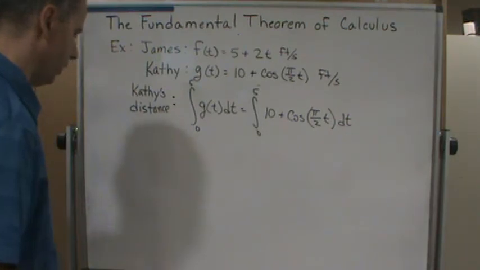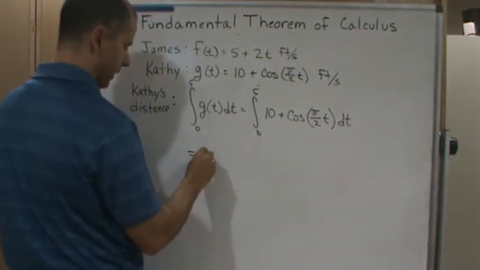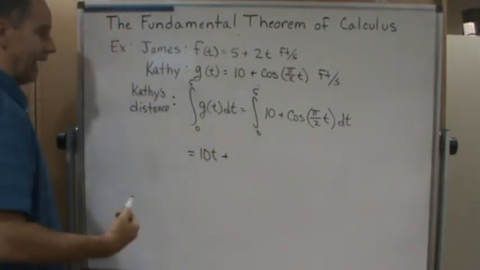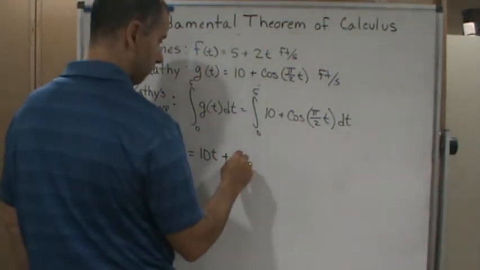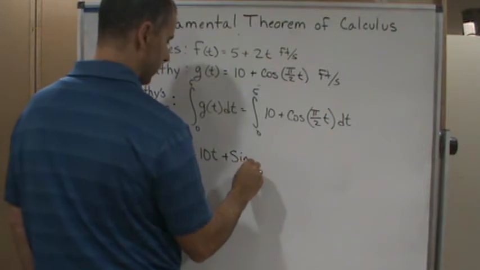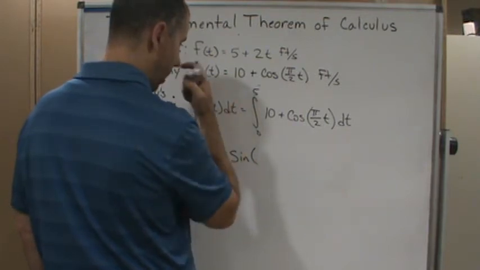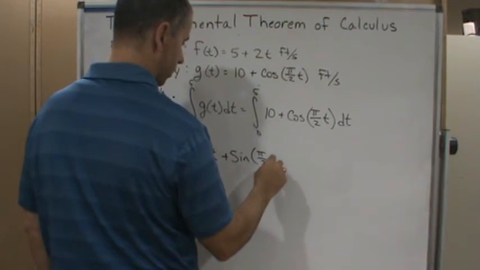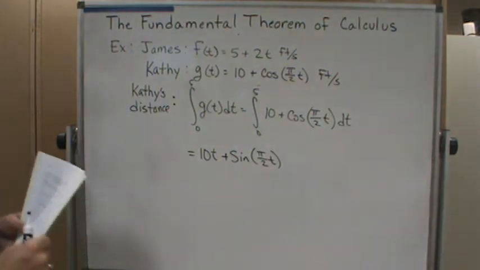Now, we need to find the antiderivative. So the antiderivative of this is going to be 10t plus, now what's the antiderivative of cosine? It's going to be sine. Sine of pi over 2 t.